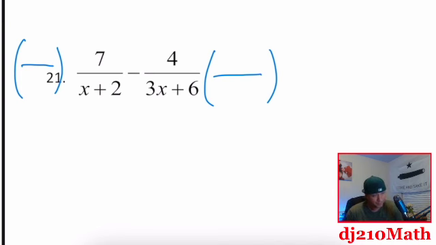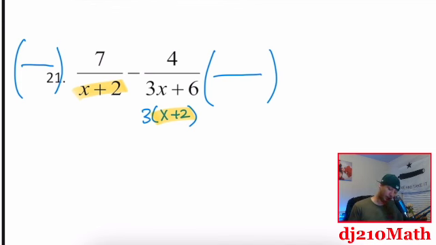However, if you notice that 3x plus 6 can be factored, this is going to be a GCF, right? 3 times x plus 2. So then what this means is that here's x plus 2, here's x plus 2. I don't need any more x plus 2s.